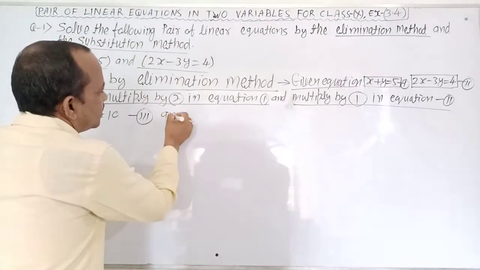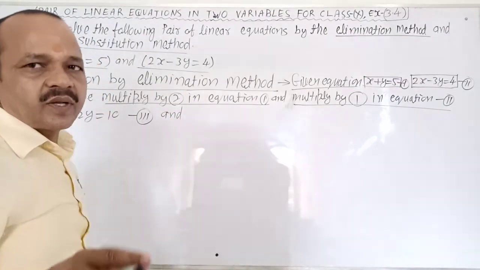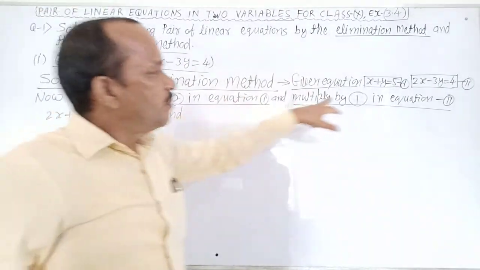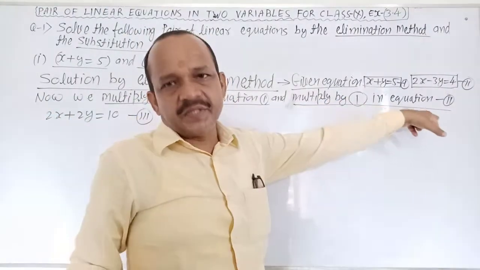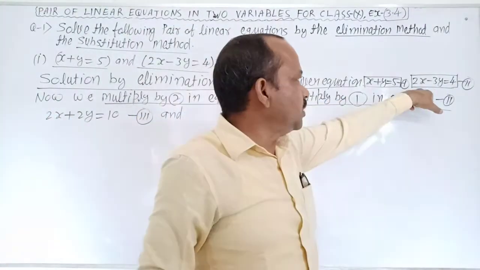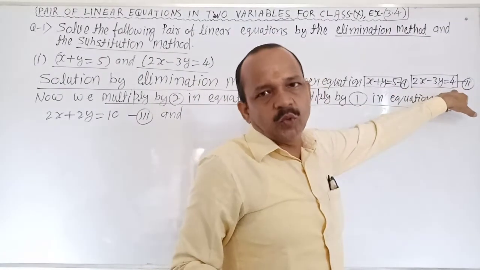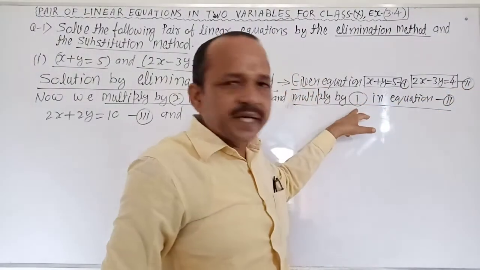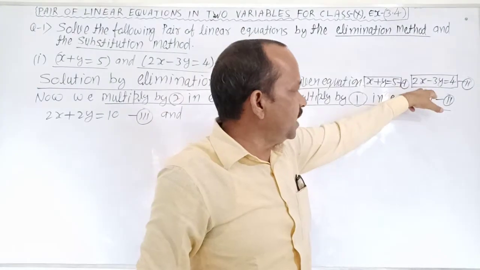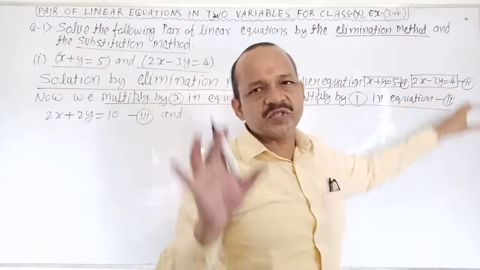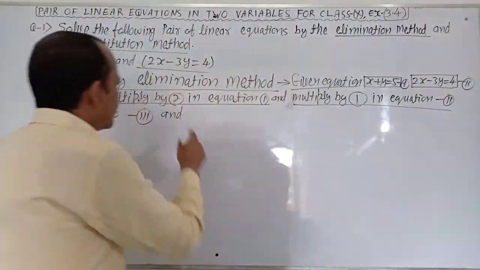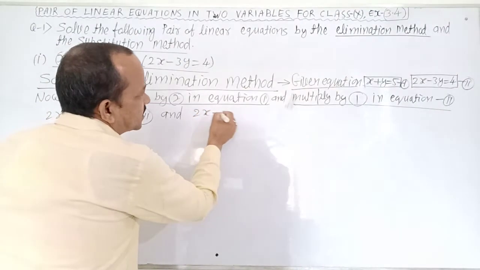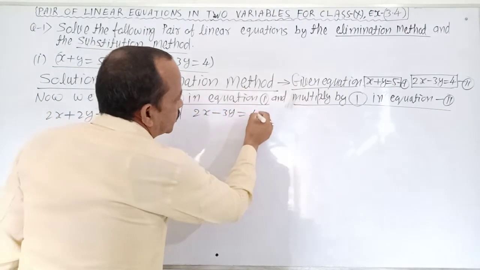Multiplying by 1 in equation second, 2x minus 3y equal to 4 stays the same.